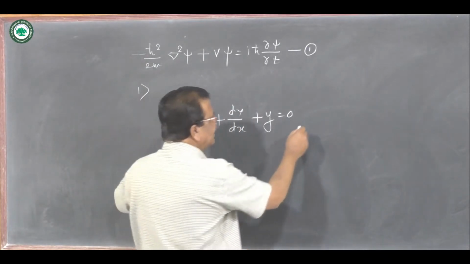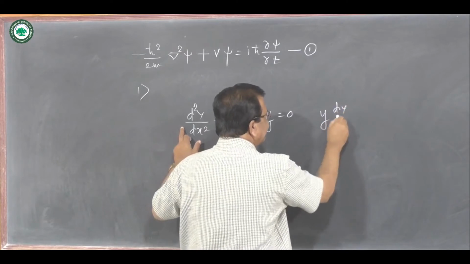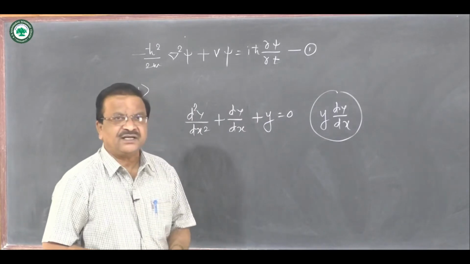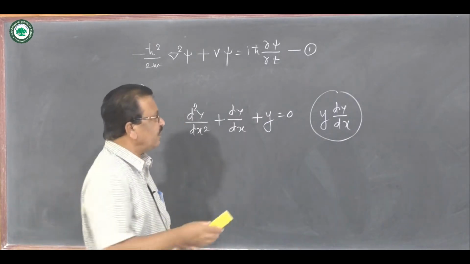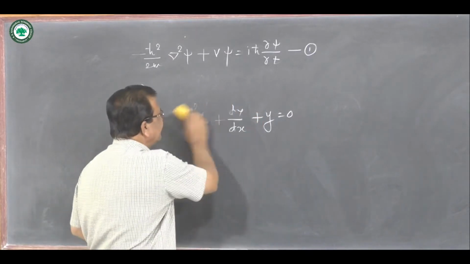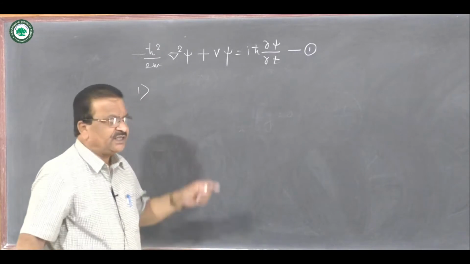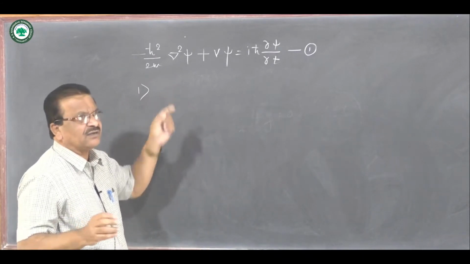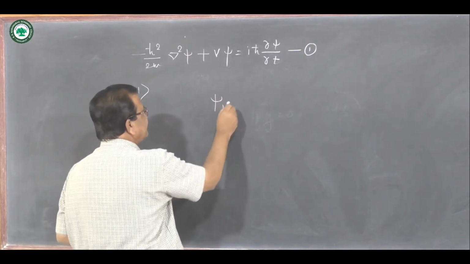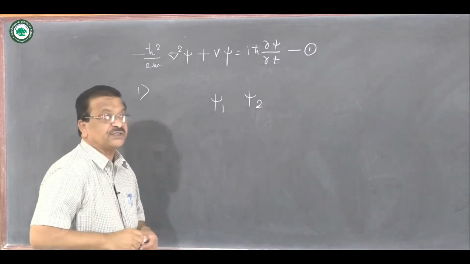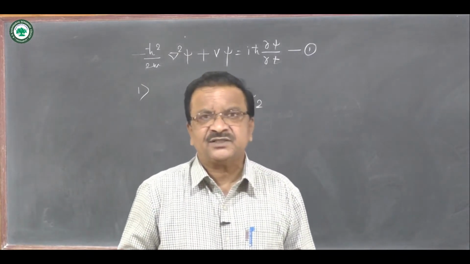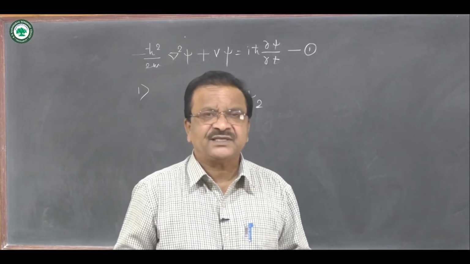So product terms like y dy by dx are absent in a linear differential equation. The important property associated with linear differential equation is that if psi 1 and psi 2 are two solutions of this equation, this being a second order linear differential equation. Why are there two solutions? Because it is second order and hence it has two independent solutions, namely psi 1 and psi 2.